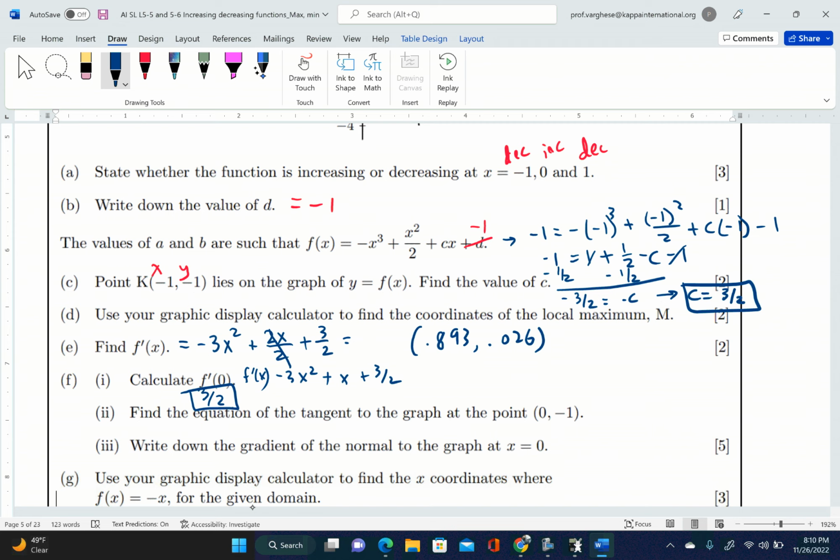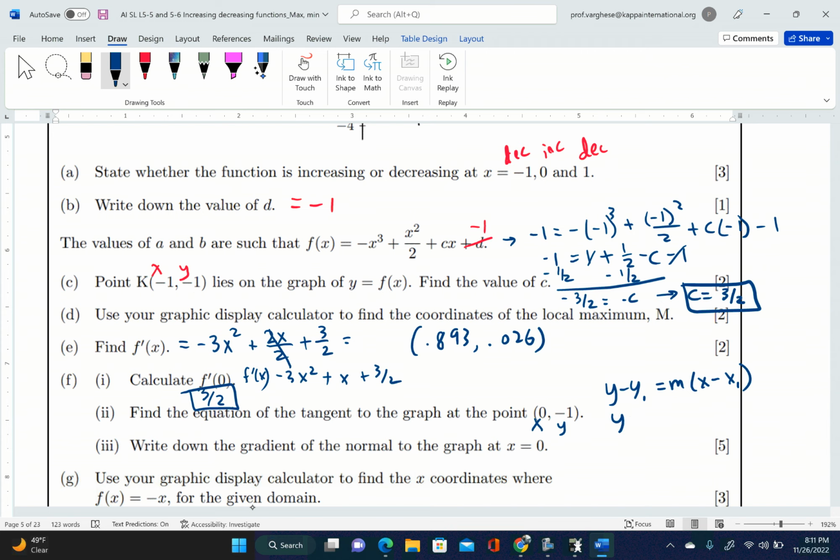Find the equation of the tangent. Okay, so this is part 2. To do that, I have my formula y minus y1 is equal to m times (x minus x1). So this is the equation of a line. I have this point right here, which is x, this is my y. So I'm going to plug some numbers in.